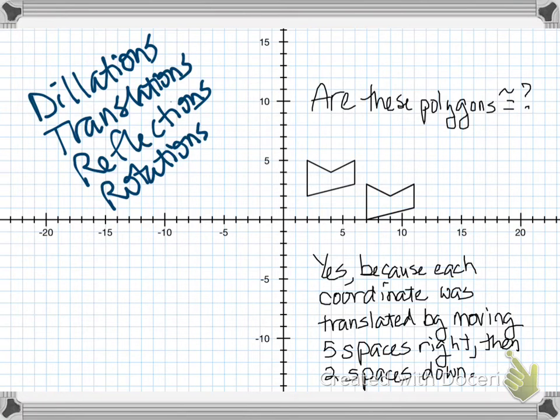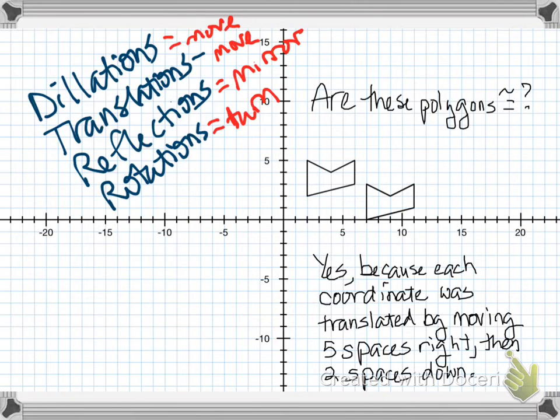And this is always done on a coordinate plane. So translations mean, and this may sound kind of funny, but it means that you are moving them. Translations and dilations usually mean the same thing. A reflection is a mirror image across either the Y or X axis, and a rotation means to turn it like a tire. That's why they call it rotations.